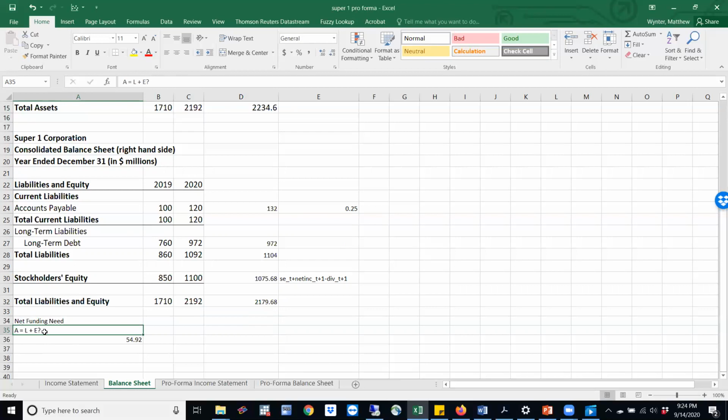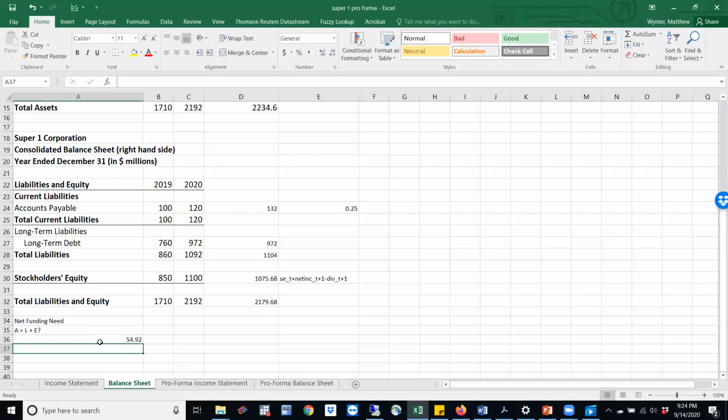My assets are going to be bigger than my liability plus my equity. So to figure out my net funding need, I can take my total assets and subtract my total liability and my total equity from them. When I do that, I find that we have a net funding need of 54.92 million.